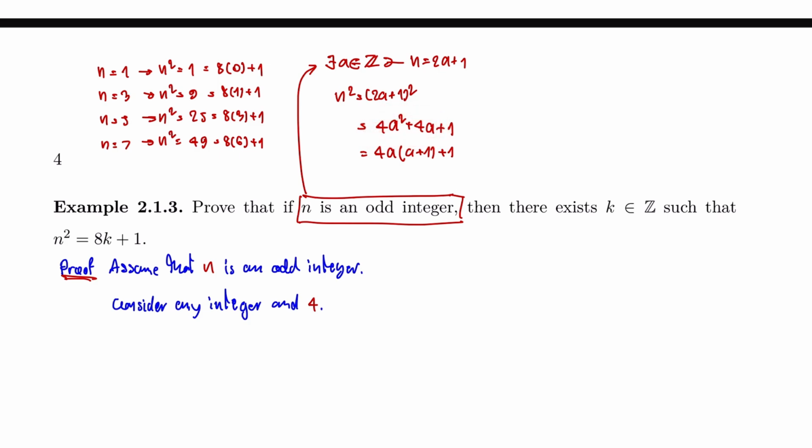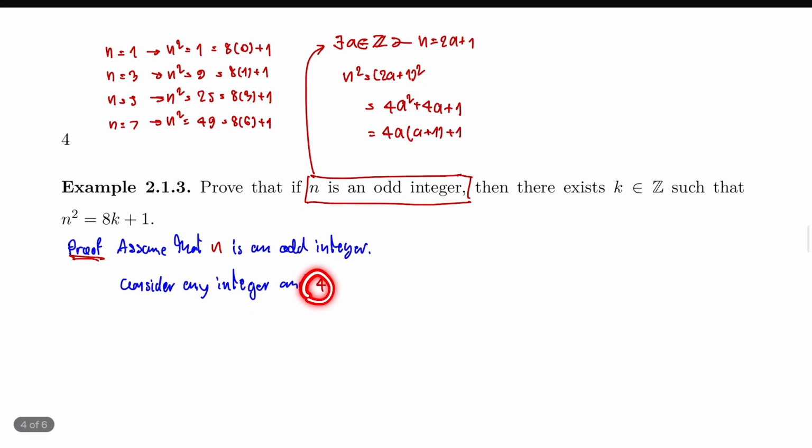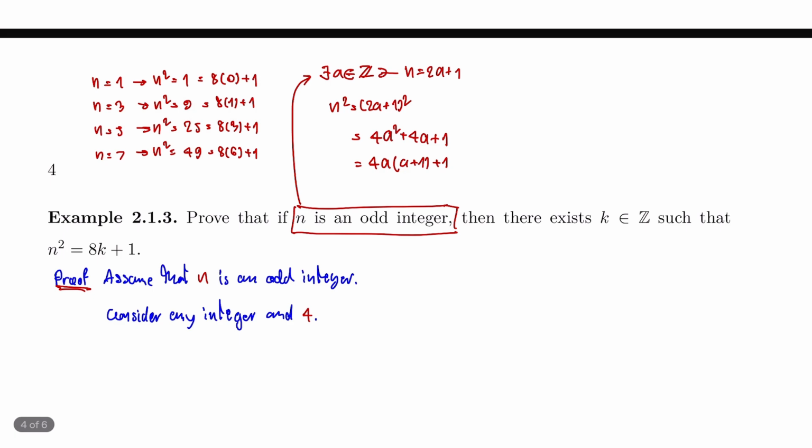So I have to consider the number 4. Meaning, I'm going to write n equal to 4a plus 1 and n equal to 4a plus 3 in order to have an odd number n. Now, I consider any integer and 4. If you have any integer and 4, I can use the division algorithm.